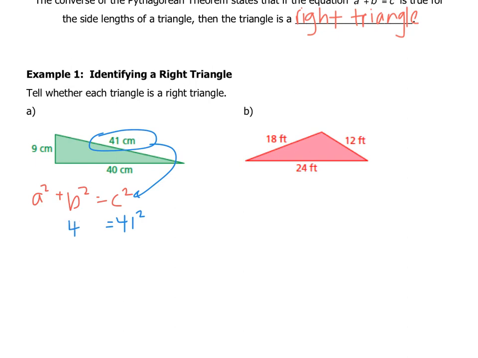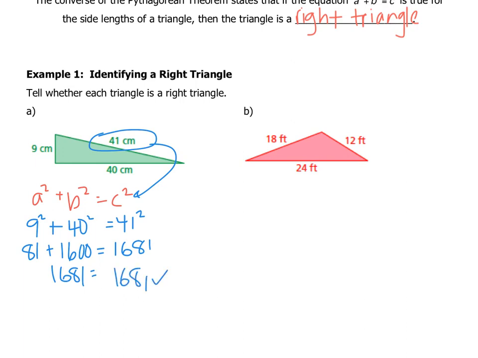The other ones, it doesn't matter which one is A and which one is B. So now I do 81 plus 1,600. Over here, I get 1,681, and then obviously that is the same. So my answer is yes, this is a right triangle.